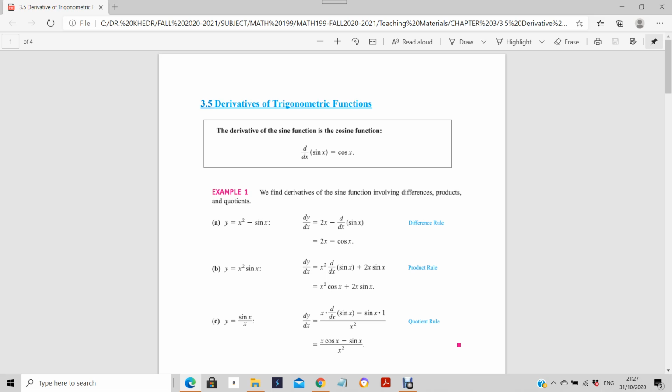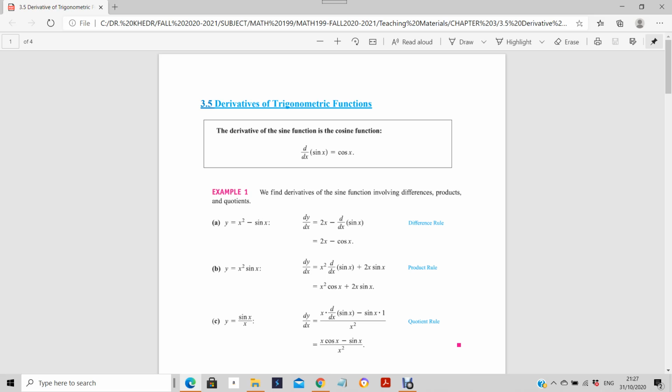So example 1, we find derivatives of the sine function involving differences, products, and quotients. Part A, y equals x squared minus sine x. We need to find dy by dx. As you can see in the solution here, this is the difference between two functions.